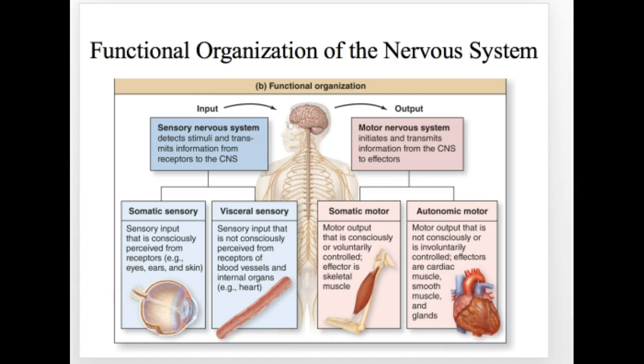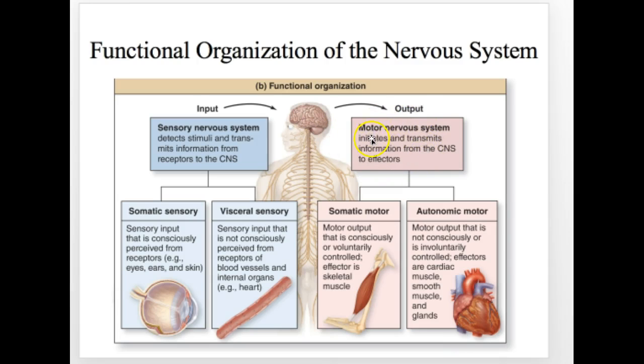Functionally, the nervous system is divided into sensory and motor pathways. Sensory pathways are afferent pathways and make up the input pathways. The sensory nervous system detects stimuli and transmits information from sensory receptors to the central nervous system.